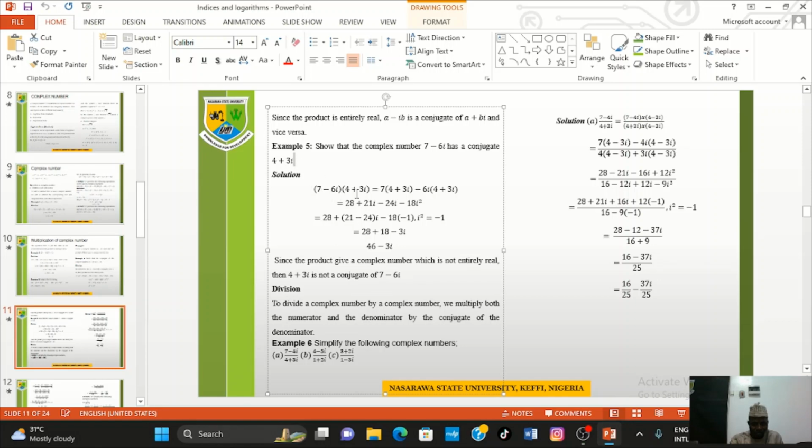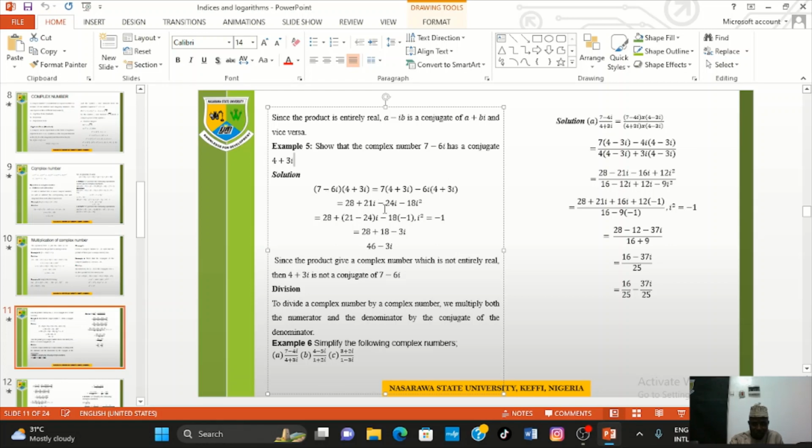So when you expand this, then the result is giving us what? Meaning here, 7 will multiply this, and also minus 6i will also multiply this.